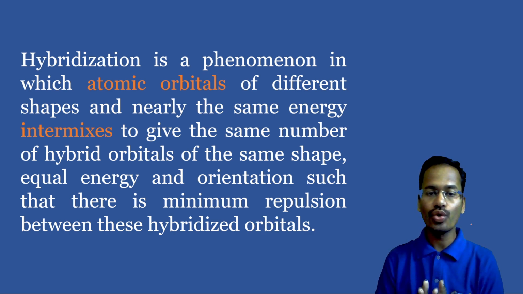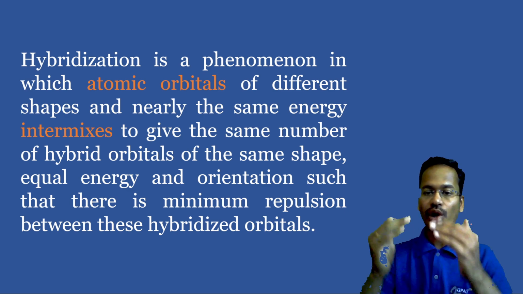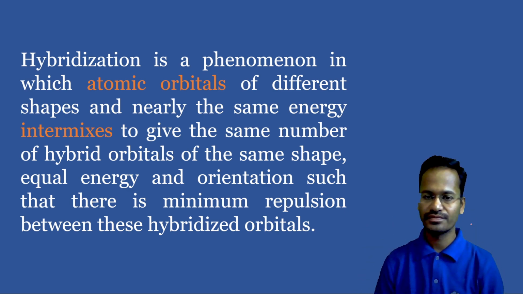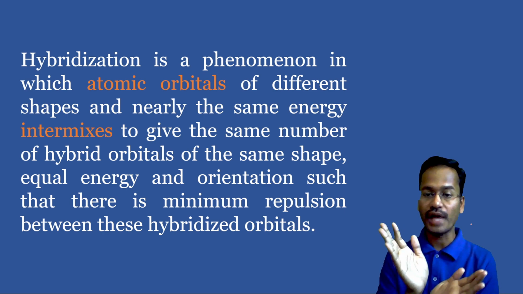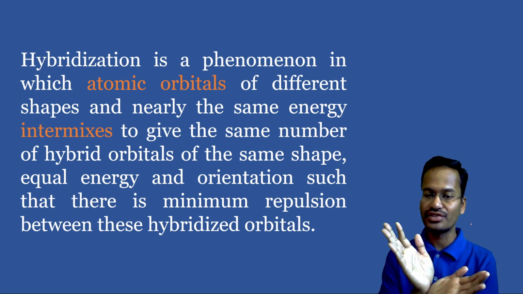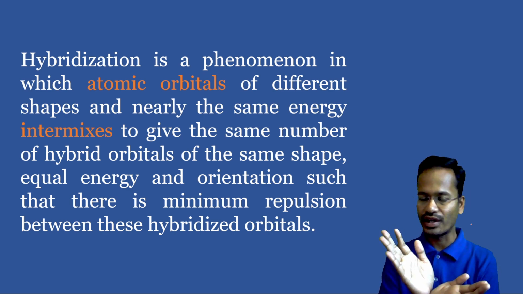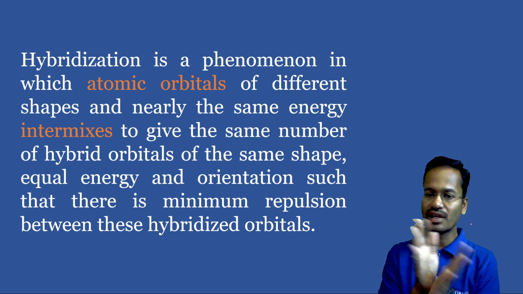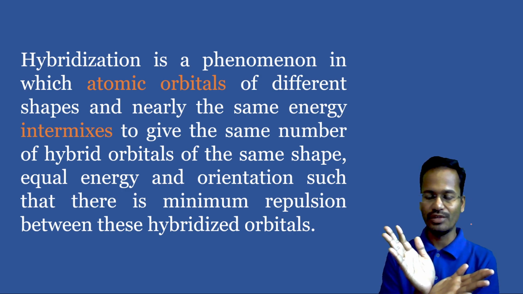And one more benefit of this hybridization is that the repulsion between these orbitals will also be minimized. What exactly does it mean? The orientation, shape and direction of these orbitals will be placed in such directions, angles or axes that the clashes will be minimized, that is, the repulsive forces will be minimized.